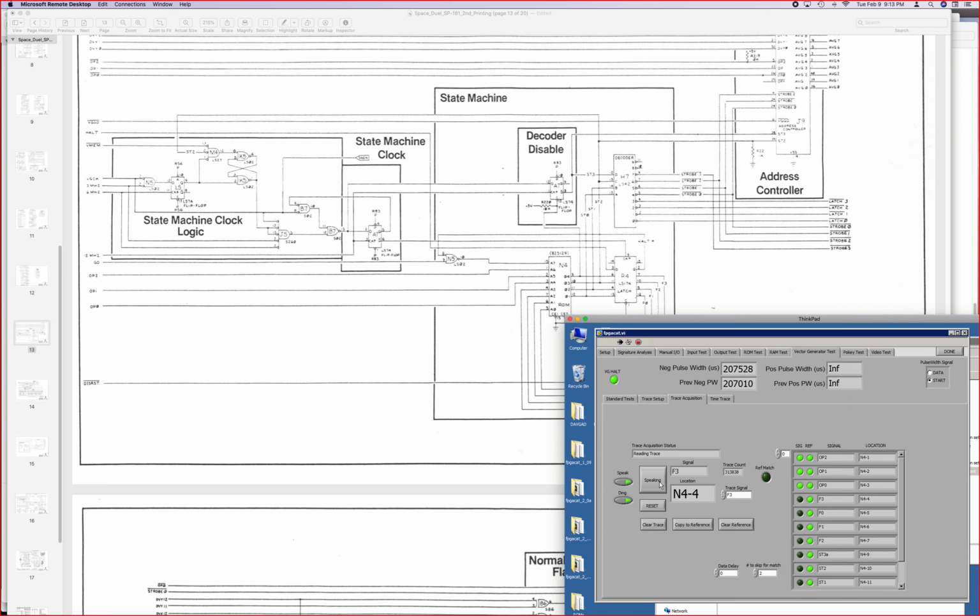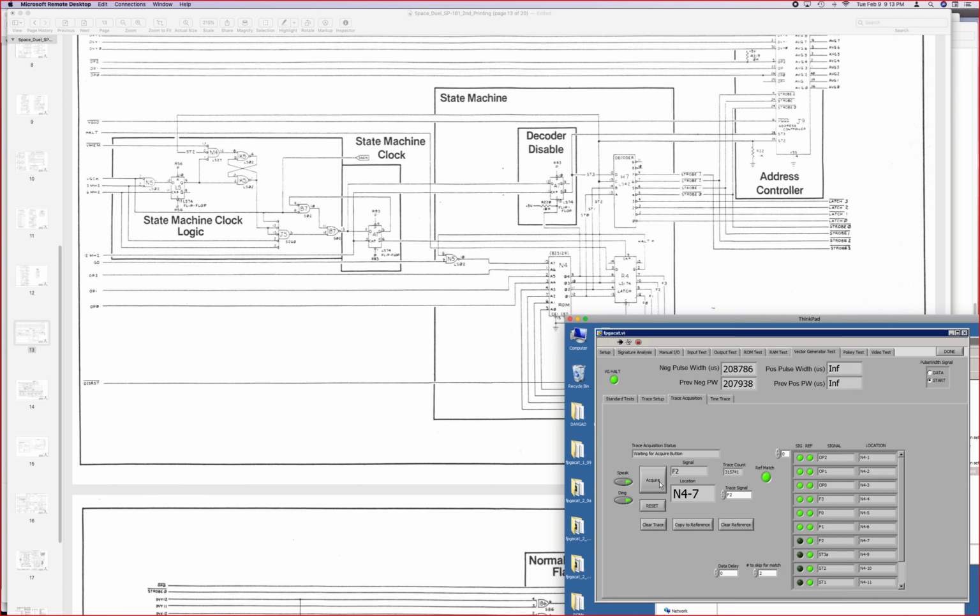N4, pin 4. Seems to be taking a while. N4, pin 5. Oh, that one was quick. N4, pin 6. N4, pin 7. So it's gotten 1 right so far.